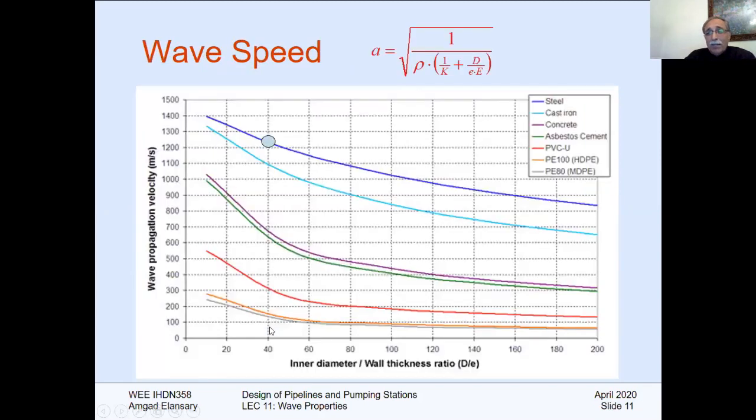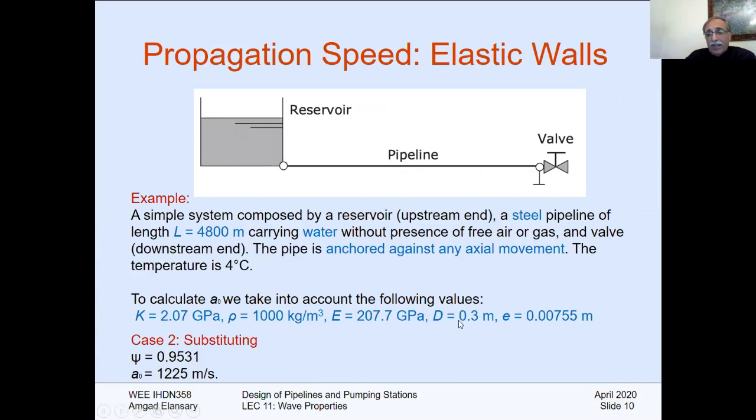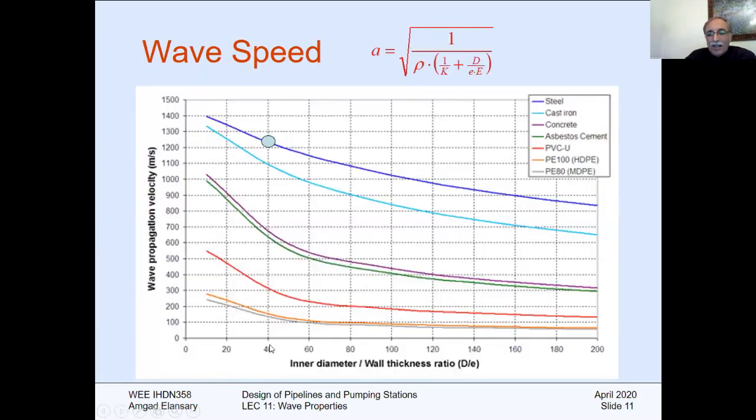Again, to make it simple, people have made this chart for you. If you have D over e, as previously, if I divide 0.3 as the diameter over 0.00755 meter, it is about 39.9. It's here. If I go vertical to the steel pipe, the dark blue line, you will find it's 1225, approximately the same answer.